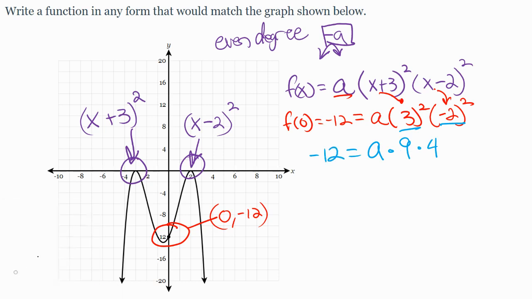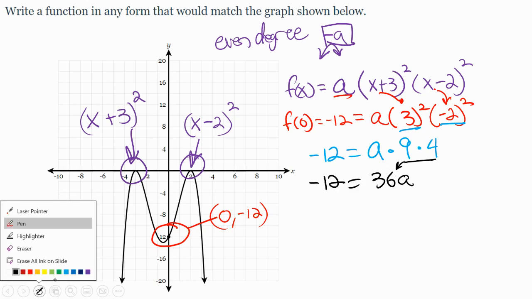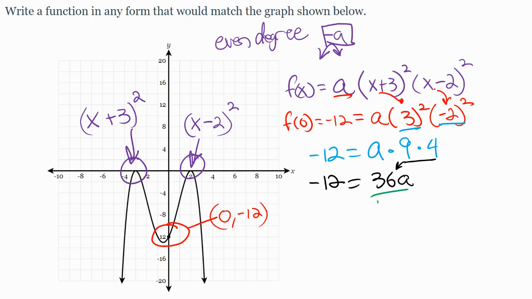Continuing, we get 36a, it's 9 times 4 is 36 there, with the a in the back, equals -12, and then you divide both sides by 36, and reduce if possible. And here we get a equals, divide the top and bottom by 12, and we should get -1 over 3.